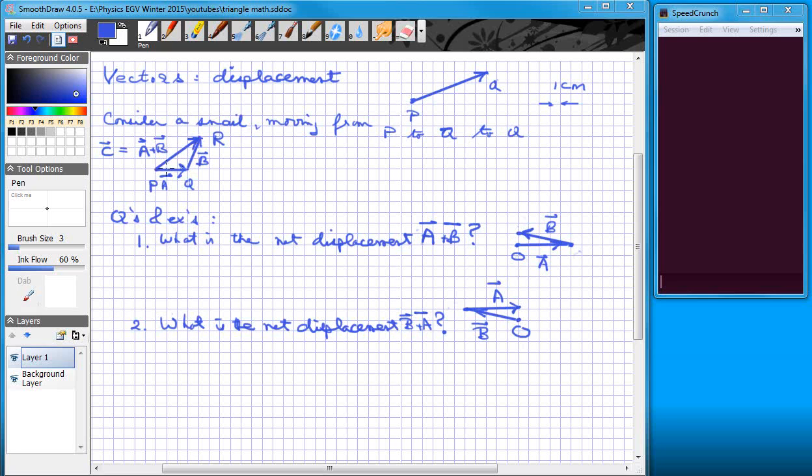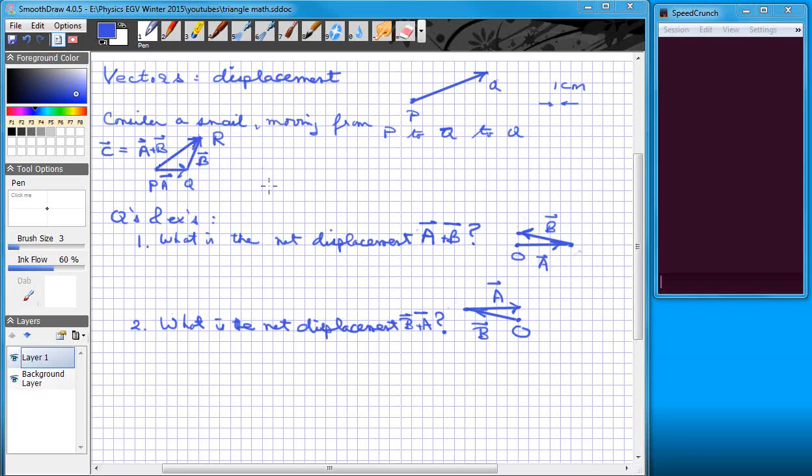And note how the addition is defined. Basically, the two arrows are put head to tail, and then there's a new vector that's defined that starts at the beginning of the first vector and ends at the end of the second vector after they're head to tail together. This is called the net displacement.